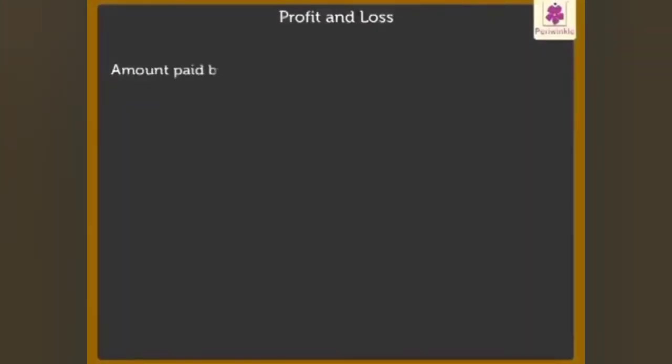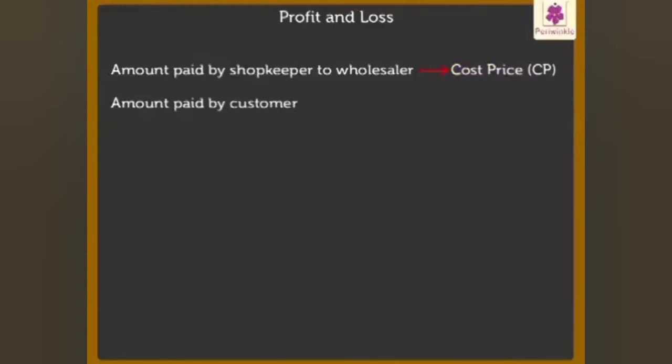Here, the amount paid by Mr. John to the wholesaler is called the cost price. The short form of cost price is CP. The amount paid by the customer to the shopkeeper is called selling price. The short form of selling price is SP.